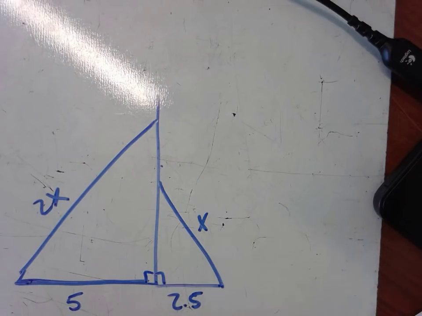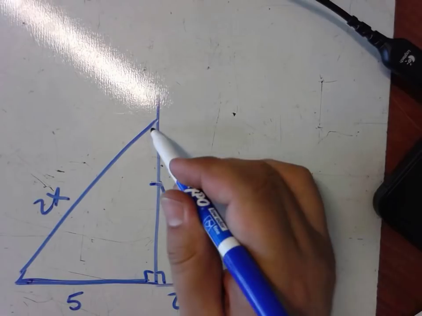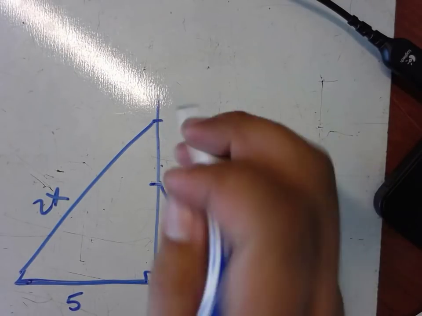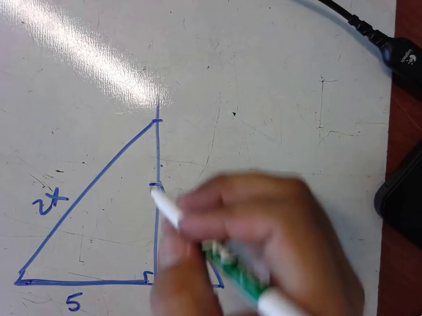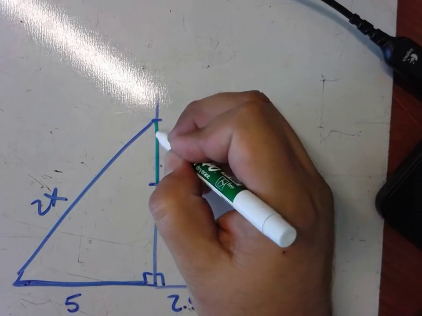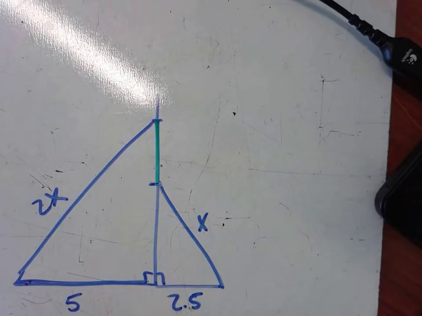So I need to find the hypotenuse. I need to find this length right here. I need this green. Right there. I need to know that length.